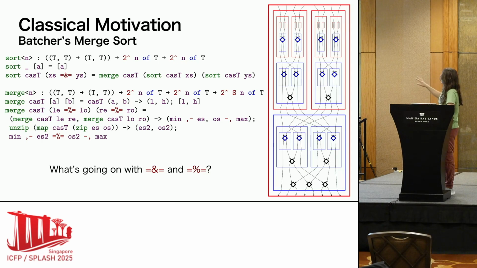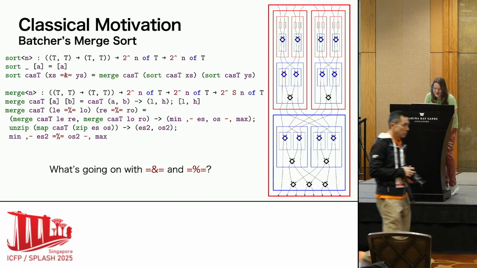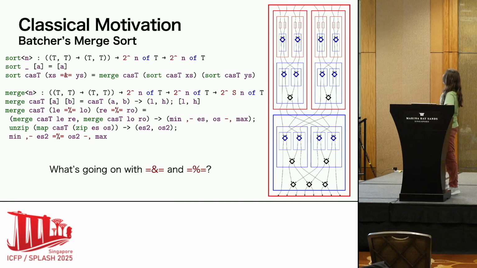And the details aren't important, but we have another operator on the third line. We're using this equals percent equals pattern, which does something slightly different, but also needs to guarantee that we have an even length vector as the inputs. And there's lots of crazy patterns going on, but that's not important.